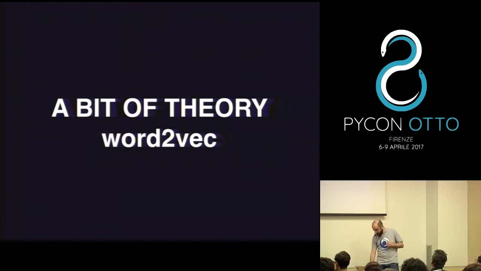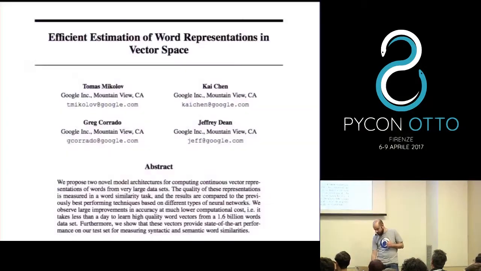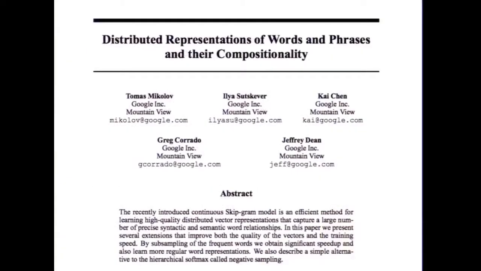And this happened a few years ago, 2013. These guys from Google, Tomas Mikolov and colleagues, published a couple of papers, Efficient Estimation of Word Representations in Vector Space, and also Distributed Representations of Words and Phrases and their Compositionality. And the concepts from these papers ended up in what we know today as word2vec.